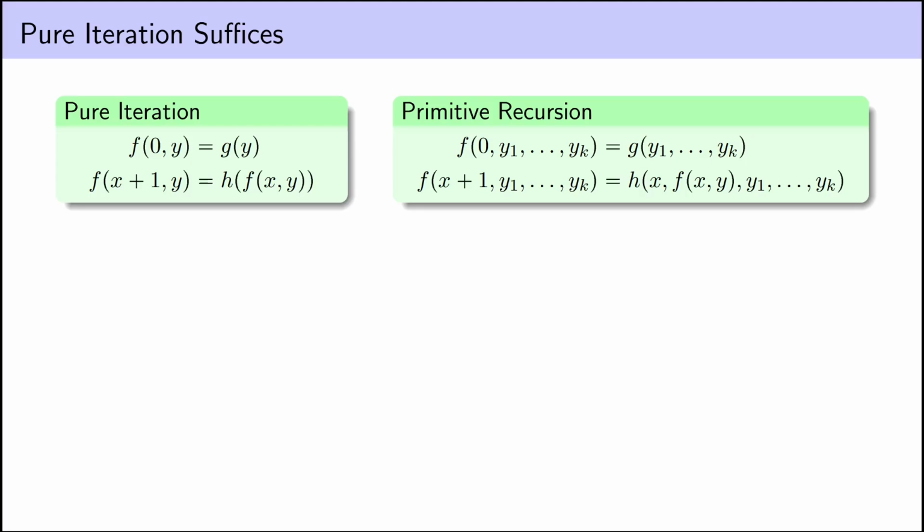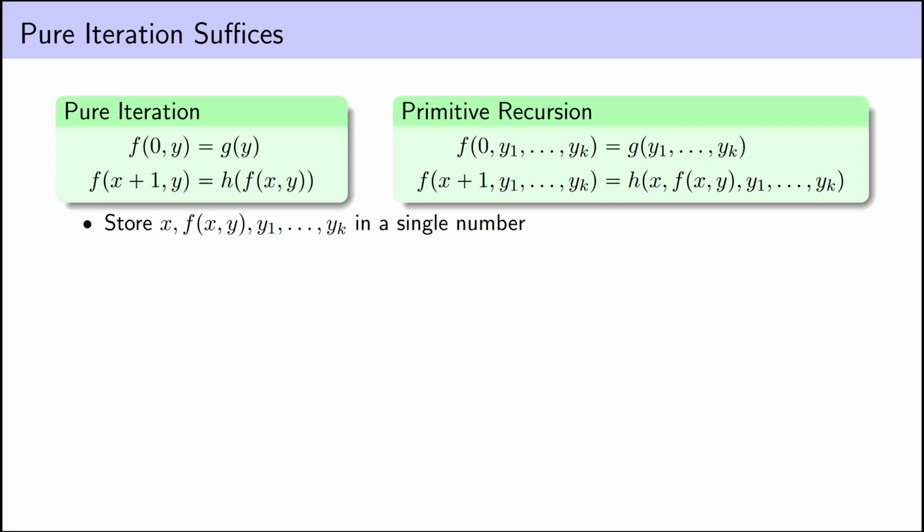Recall the differences. With primitive recursion, I'm allowing more than one extra parameter, more than one y, and the function h that updates the value of f from one value of x to the next has access to x, the previous value of f, and the extra parameters y1 through yk, while with pure iteration, the h function only has access to the previous value of f.